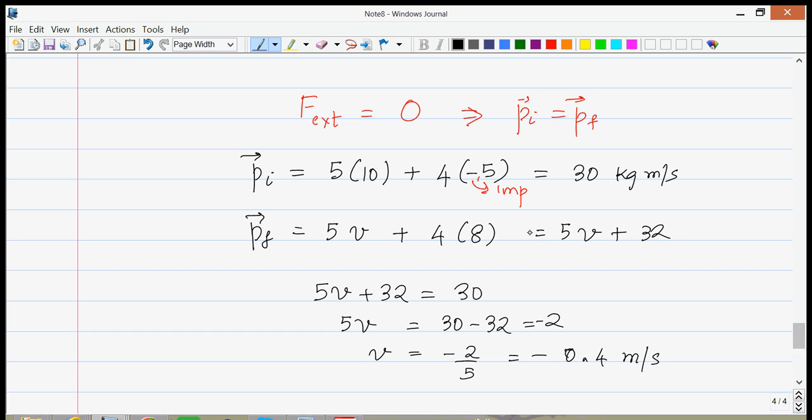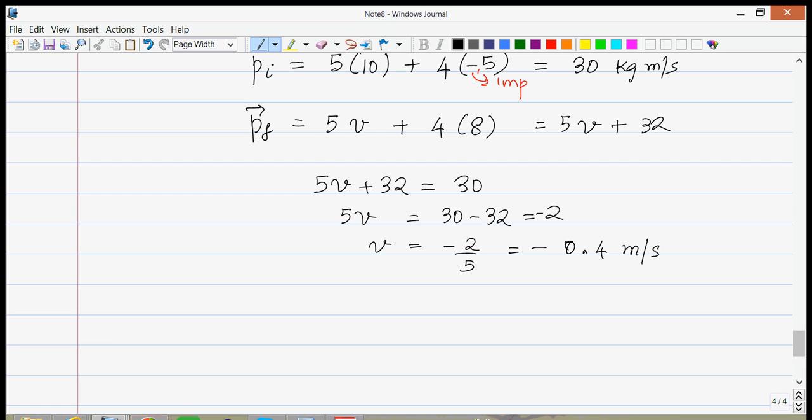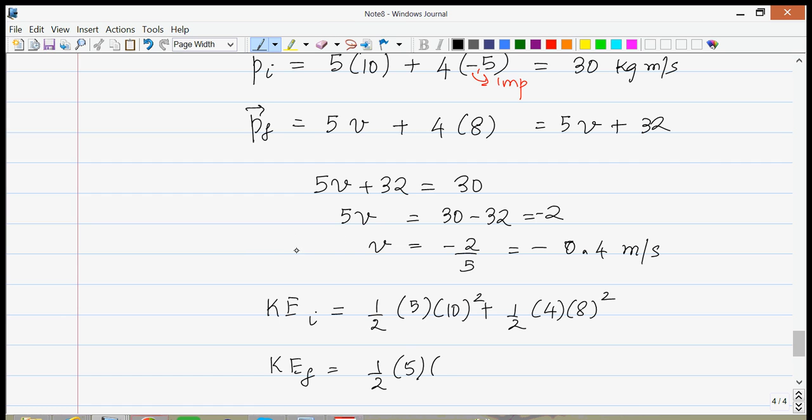So we looked at this collision and we found the velocity using the conservation of momentum. Now another thing we could do is check what kind of collision it is, and in order to do that, we could find the total initial kinetic energy and the total final kinetic energy. We could do this by doing 1/2 times 5 times 10 squared plus 1/2 times 4 times 8 squared.